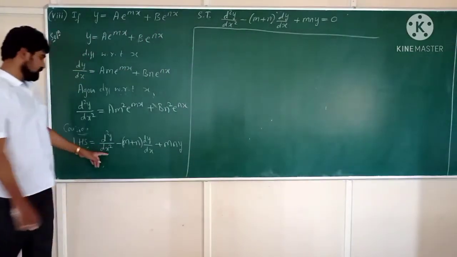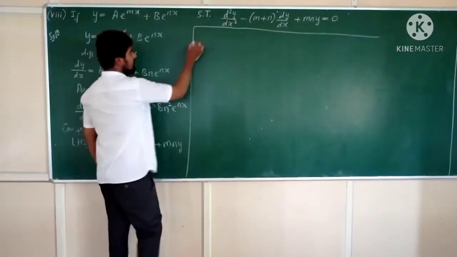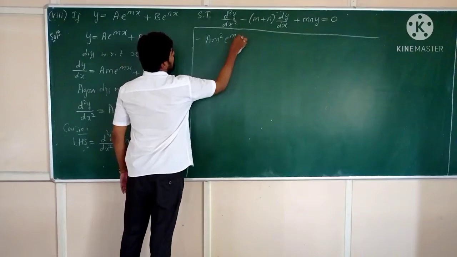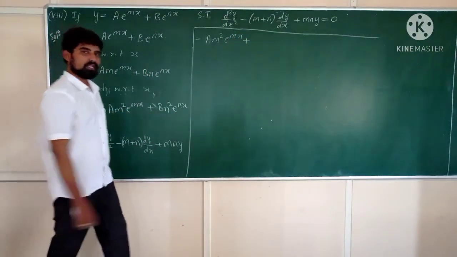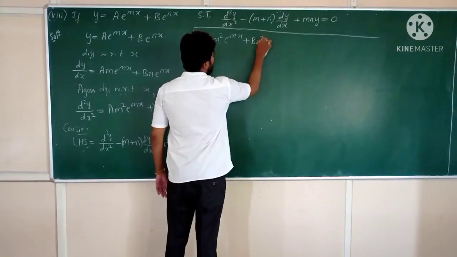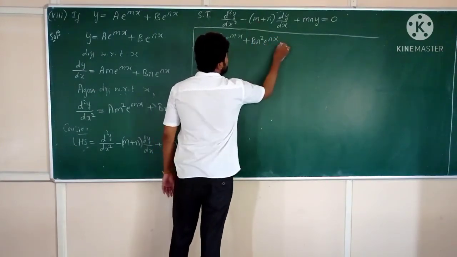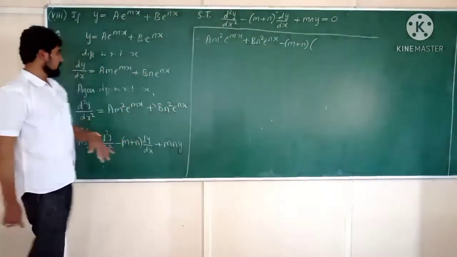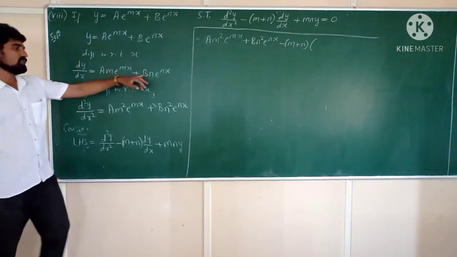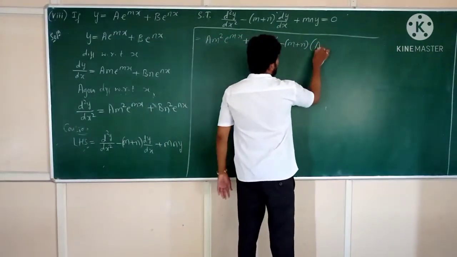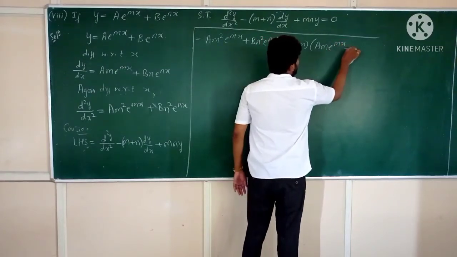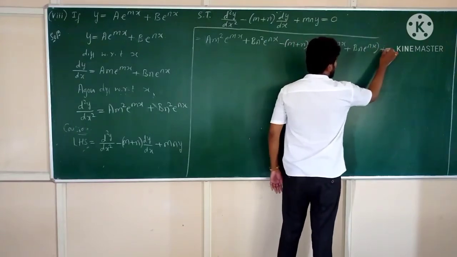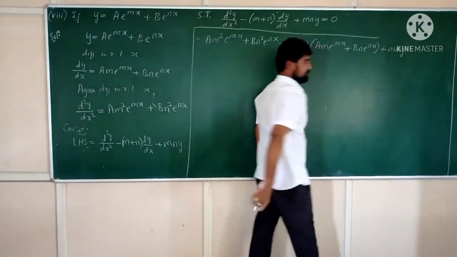The value of d square y by dx square is a m square e power mx plus b n square e power nx, minus (m plus n) as it is into the value of dy by dx, that is am e power mx plus bn e power nx, plus mn y as it is.